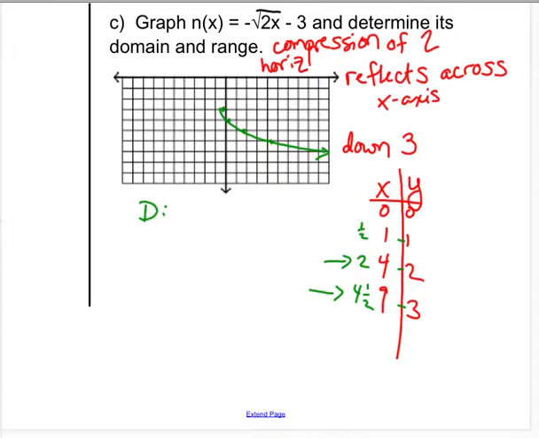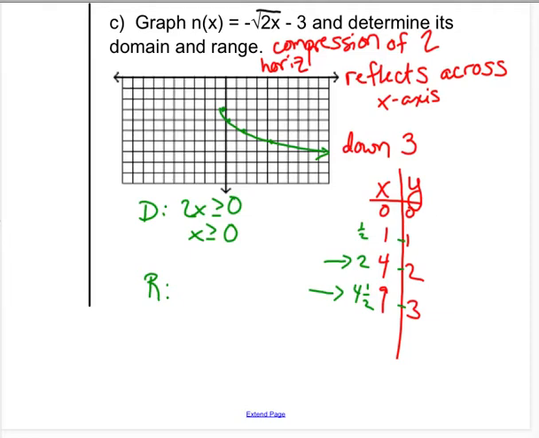Finally, looking at domain and range. Again, what's under the radical must be greater than or equal to 0. So dividing by 2, I still have my domain greater than or equal to 0. And my range comes into play with that vertical and horizontal shift. Vertical and horizontal compressions don't affect the range, only vertical and horizontal shifts, and reflections.